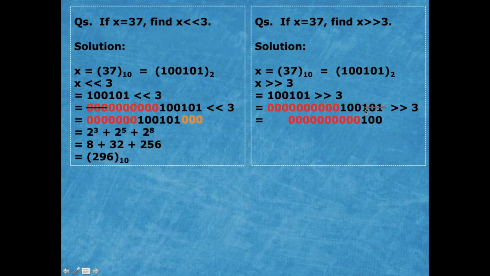So although you have erased 1, 1, 1, 1, 0, 1 from here, you will add 0, 0, 0. So that's it. The answer is again ready in binary. Now, this is 1, 0, 0, it is simple. 2 raised to 2, which is equal to 4. So 37 right shifted by 3 bits is 4.